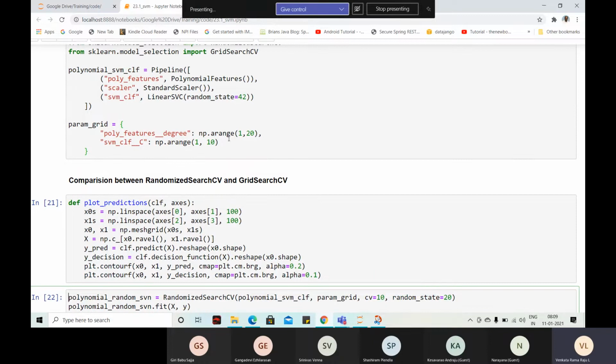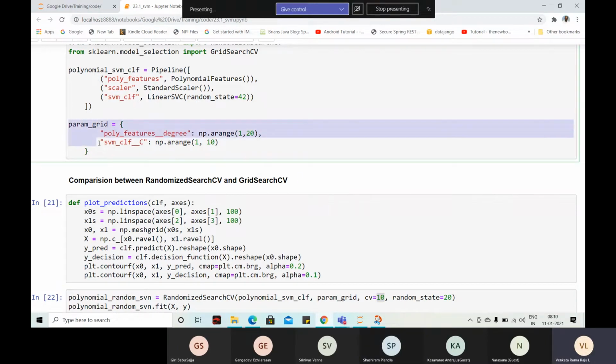So when you do grid search CV, it will actually do 190 models, and if CV is 10, it's going to do 1900 models. Do you agree? Any questions there on that statement? So, if you look at this param grid, right?